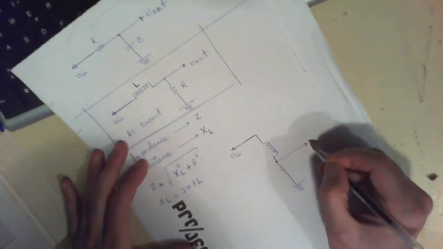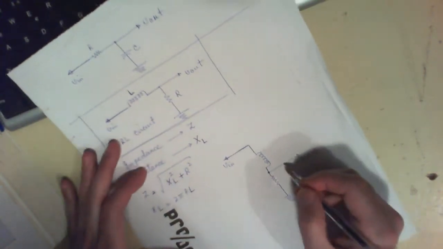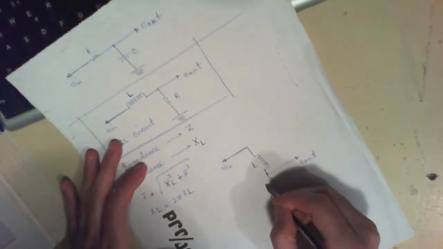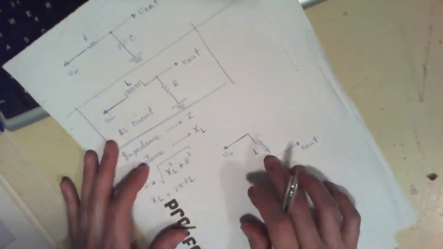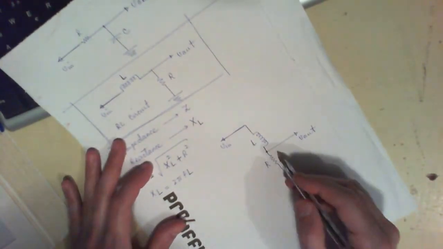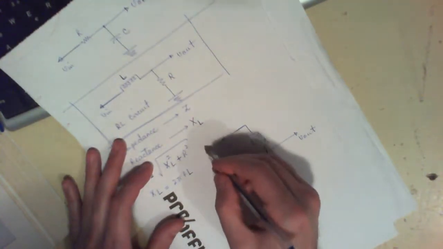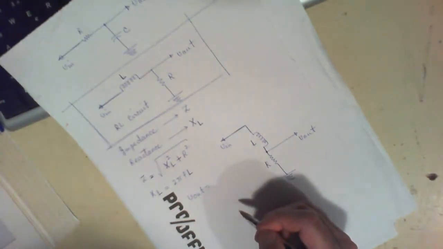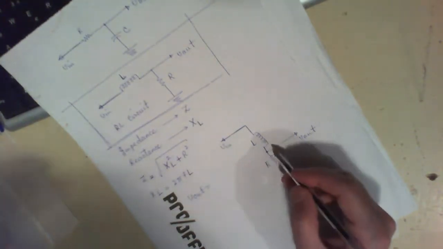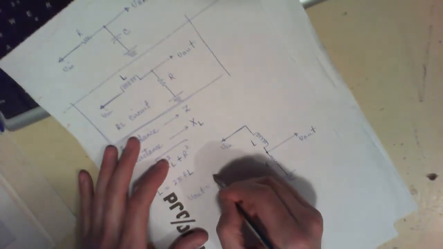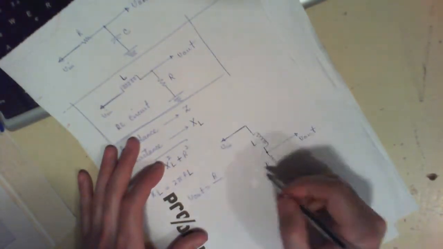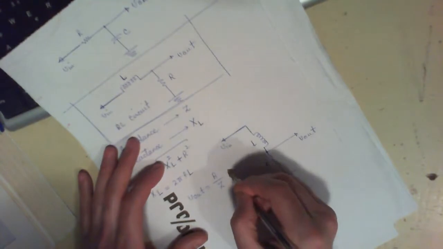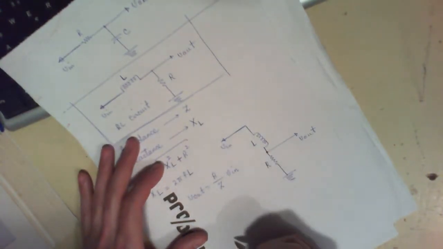And let's say that this is your V of out here, and this is your L, this is your R. So the V of out would be equal to, since you're reading the voltage across this resistor, R over the impedance in this circuit, which is Z, times V of in.